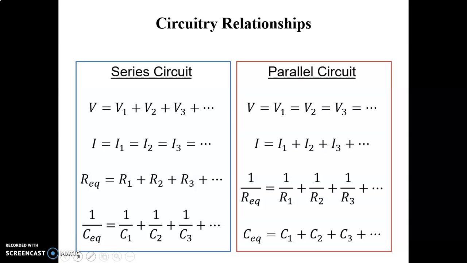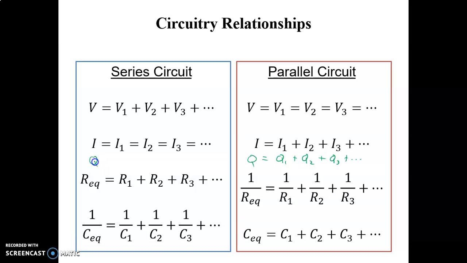Go to the other side with parallel. The voltage across each item in a circuit in parallel is going to be the same, whereas the current or the charge is going to be separated between each branch. So I1 plus I2 plus I3 is going to equal your total I, or Q1 plus Q2 plus Q3 equals the total charge of your circuit.